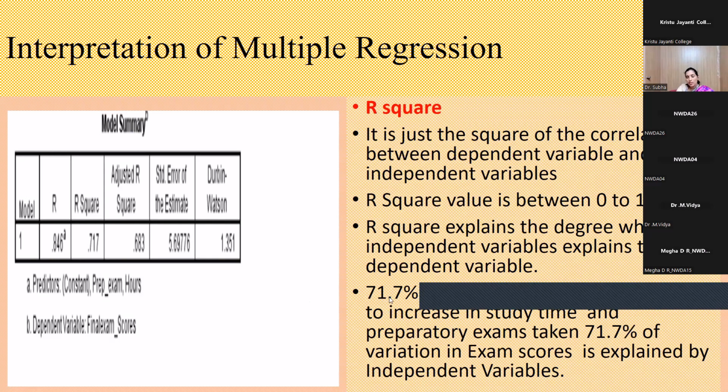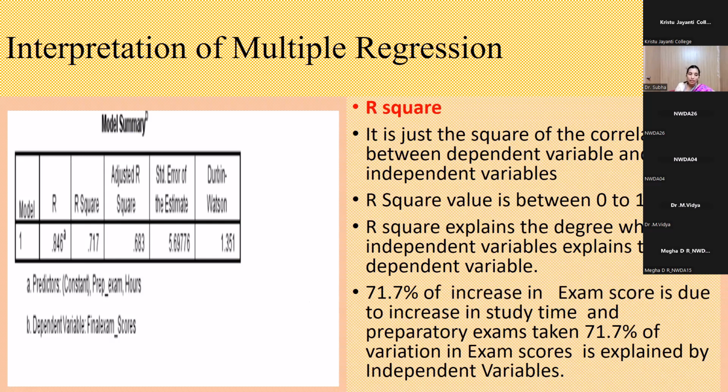71 percent of variation in the exam score is explained by the independent variables. We have two independent variables: one is study time and the other is the preparatory examination, that is, how many preparatory examinations you have taken and how many hours of study you have given for that test.